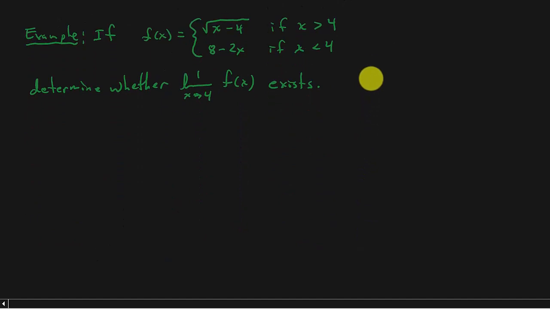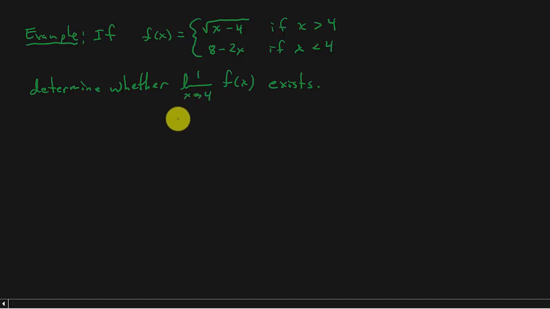All right, so what about this one? All right, so if f of x is equal to the square root of x minus 4 if x is greater than 4, and it's equal to 8 minus 2x if x is less than 4, determine whether the limit of f of x as x goes to 4 exists.